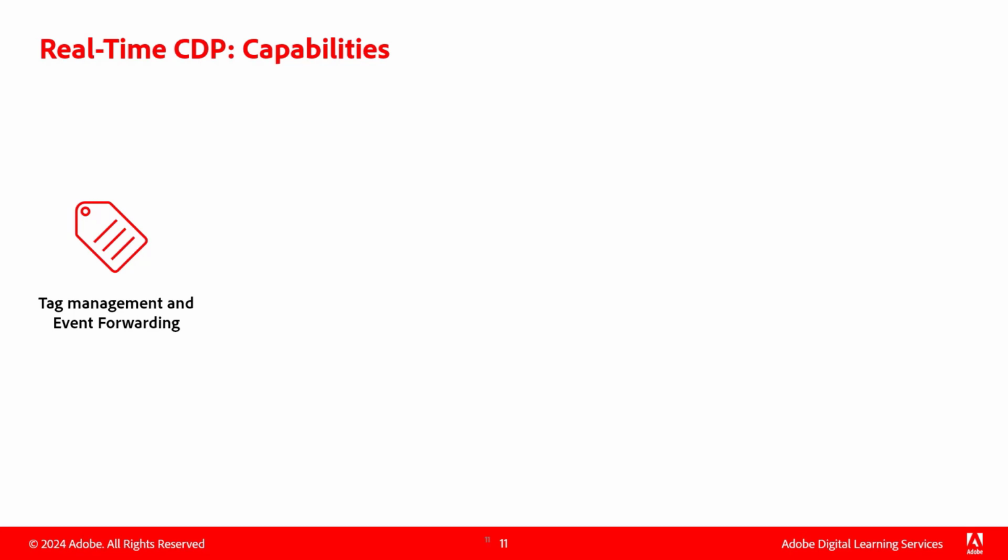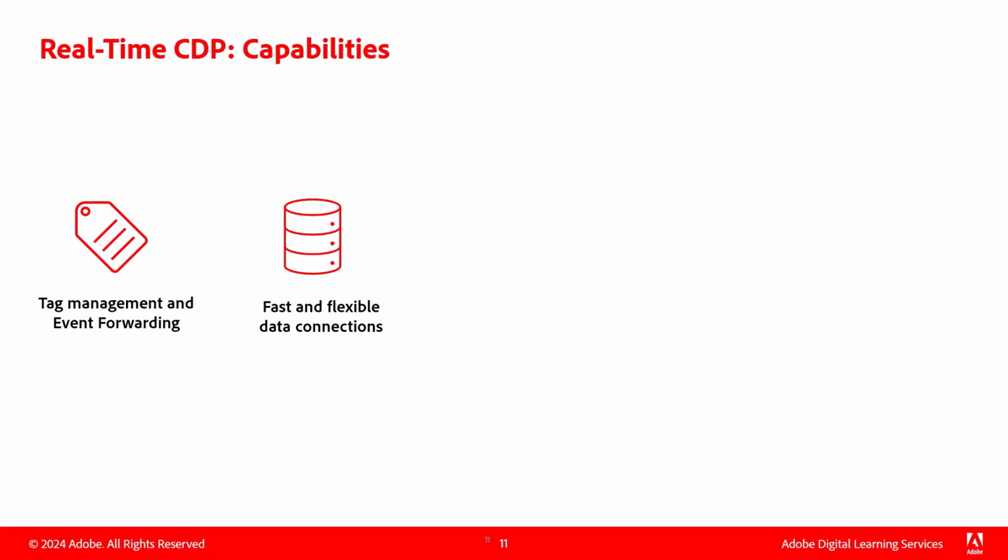You could also use data collection from Adobe to forward raw data to non-Adobe applications as well. That is one of the capabilities that is associated with the adoption of real-time CDP.